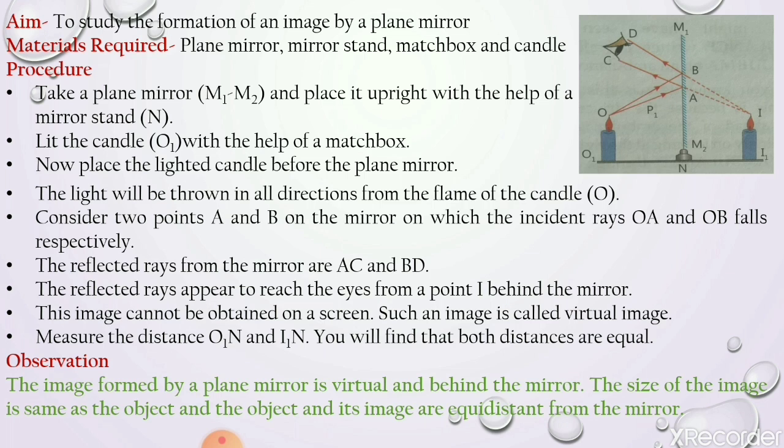The size of the image is the same as the object, and the object and its image are equidistant from the mirror, meaning they are at equal distances. The distance between the object and the mirror and the distance between the image and the mirror are equal. So this is the formation of image by a plane mirror.